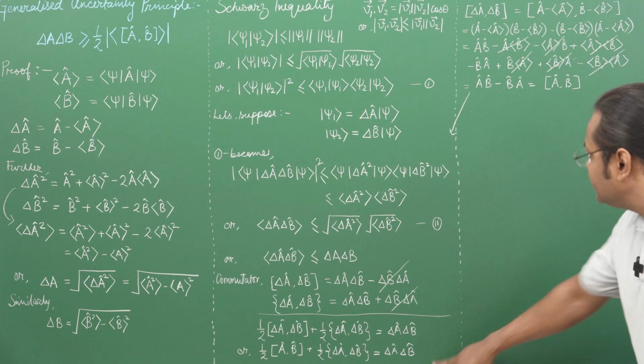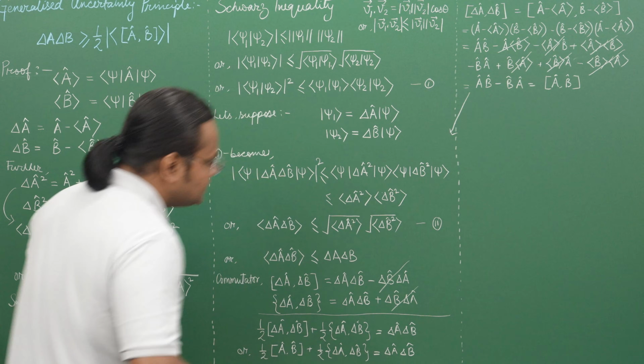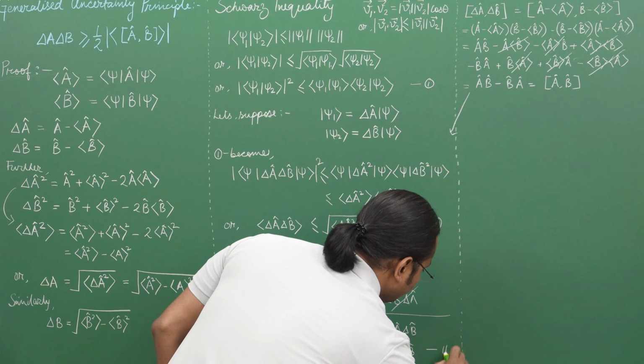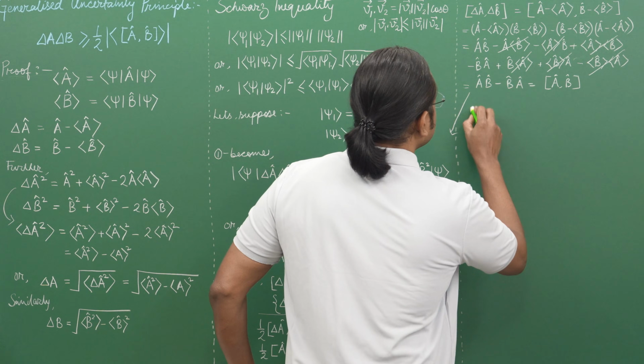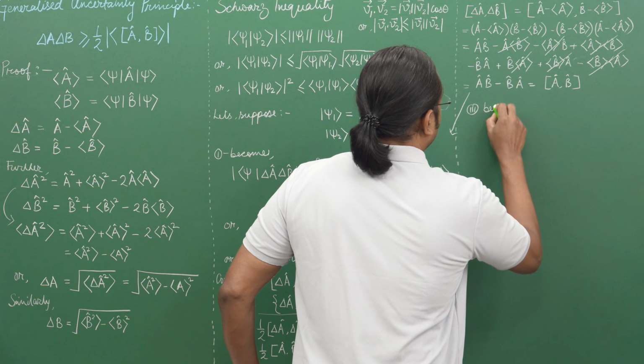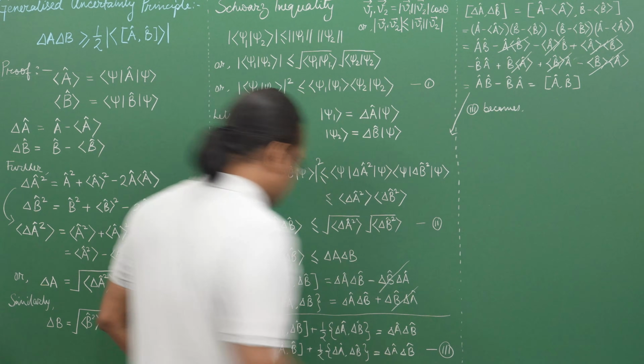So let's quickly take this expression to the right hand side. So I'll call this expression as equation number 3. So now the equation number 3 becomes, what does it become?